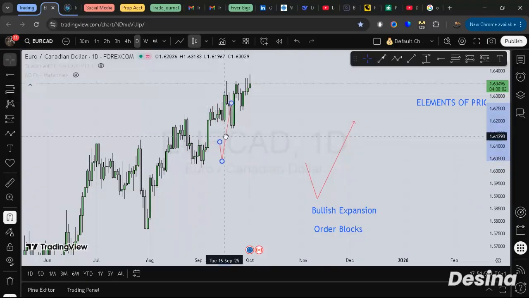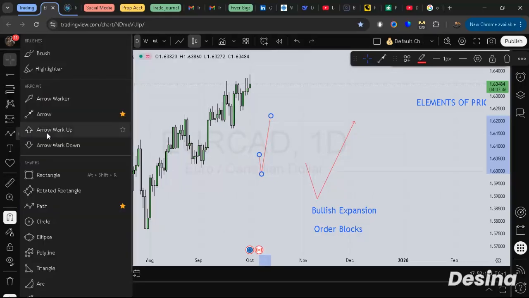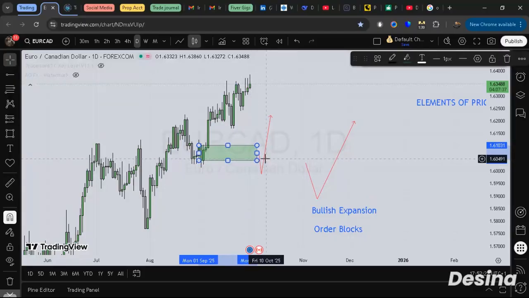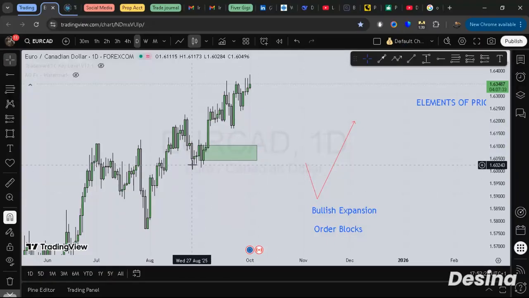But as you can see, before this series of bullish candles, you can see this black candlestick here. So for me, this is my order block. This black candlestick before the aggressive movement of the bullish candlesticks is going to be my order block.